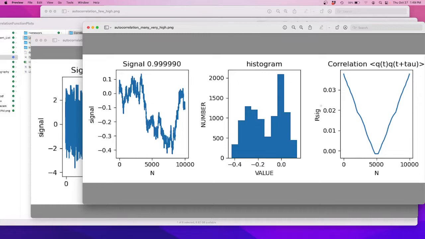So the correlation function tells me how big the structures are. It tells me if I've got some swirling, how much swirling is happening nearby. That's the technical term. Does that make sense? Everybody comfortable with this autocorrelation function?